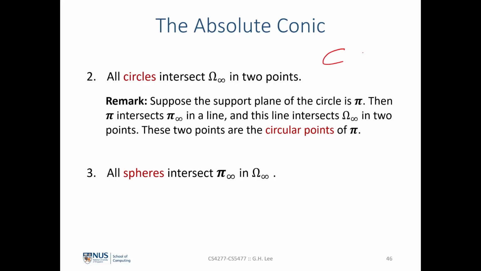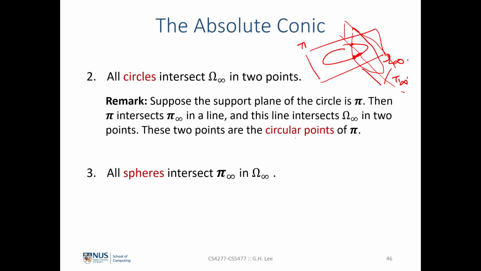So for any circle in the 3D space, its support plane pi intersects the plane at infinity, which contains our absolute conic. It must intersect pi infinity at a line, and this line intersects the absolute conic at 2 points.